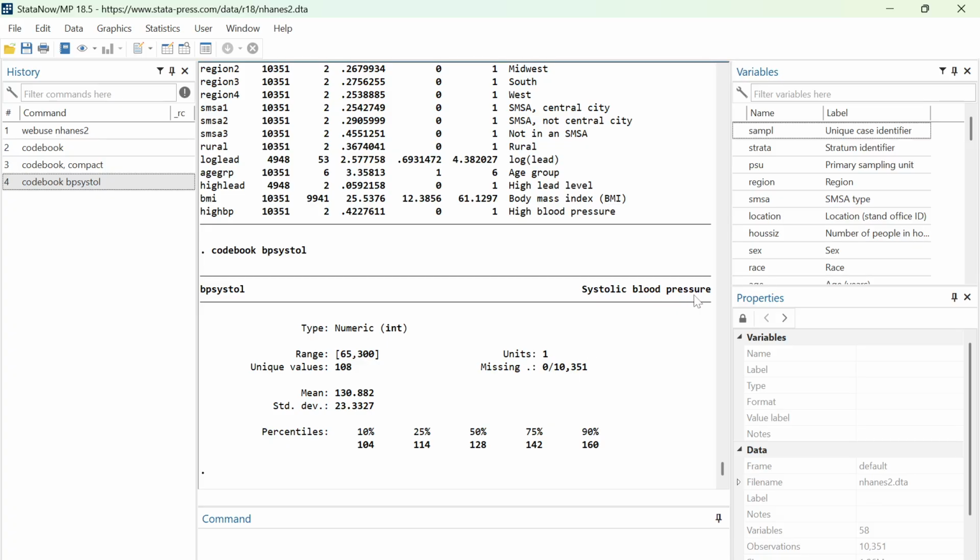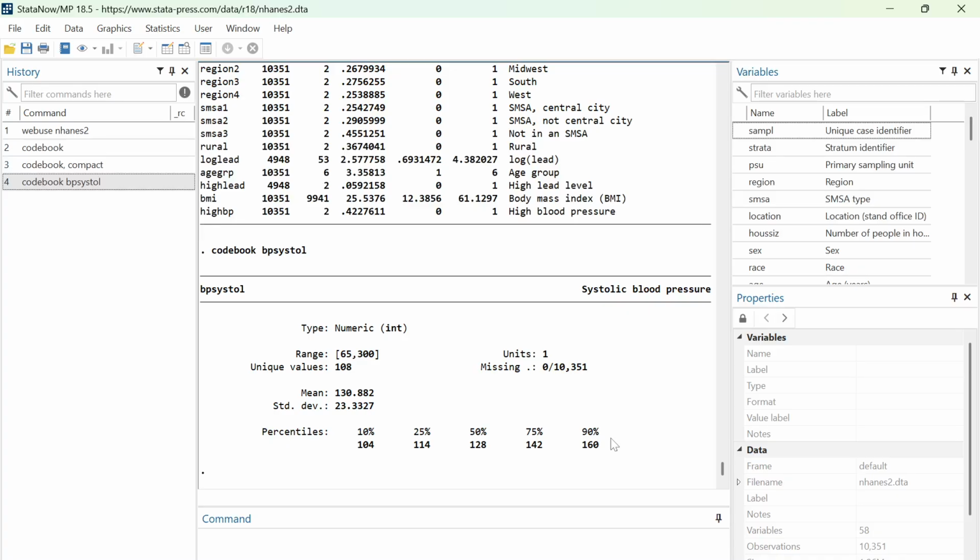Okay. And the 50th percentile is the median value. So half of the people have less than 128 systolic blood pressure. I guess this is kind of normal. Maybe at the 99th percentile, it's not normal. I'm not an expert in this kind of health measurement, but I'm just assuming.